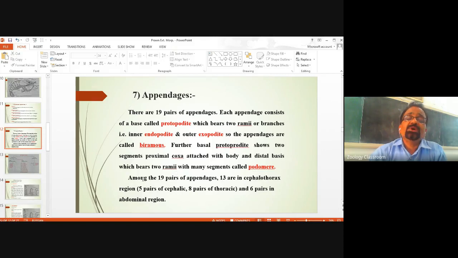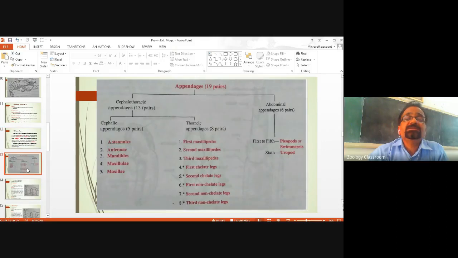In order to see this at a glance, you can look at this chart. 19 pairs are there, cephalothoracic 13 and abdominal 6. Now which are the 5 cephalic ones?